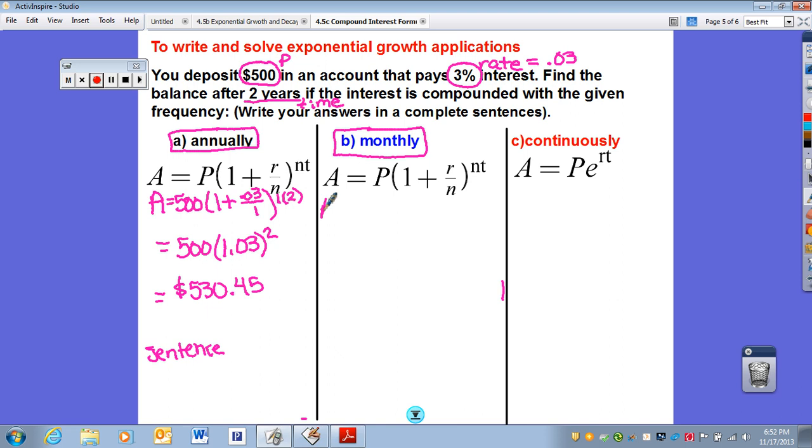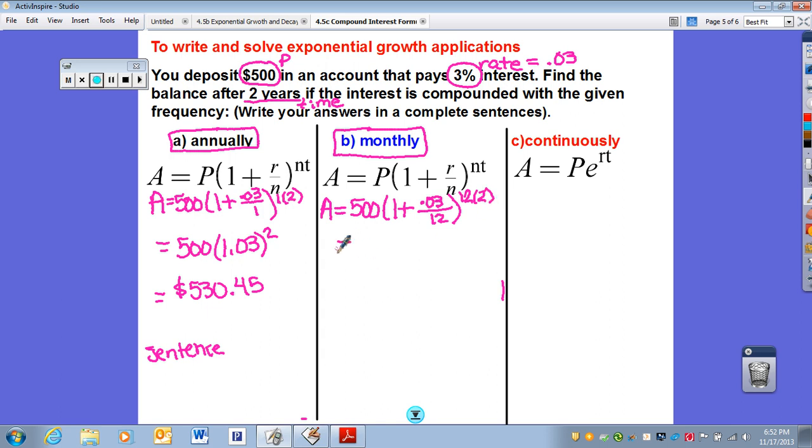So A is equal to P, my starting amount, so that's going to be $500, times 1 plus my rate is 3%, so that's going to be 0.03, divided by N, and in this case, N is 12 for 12 months. My N is 12, and I'm multiplying that by my time, which is 2 years.